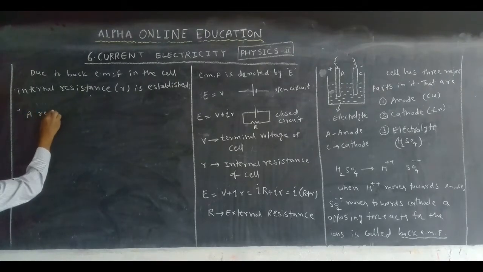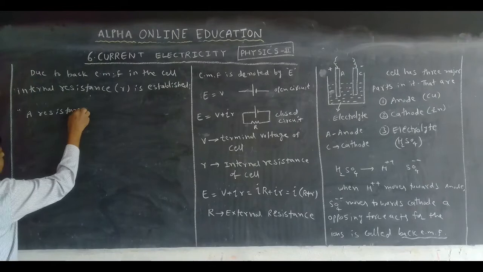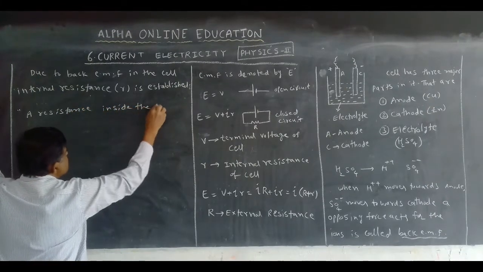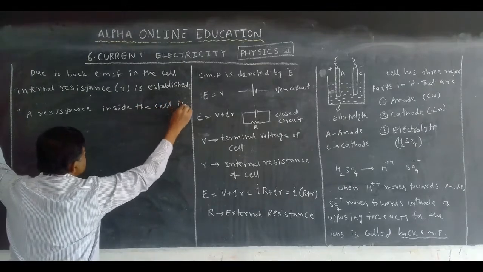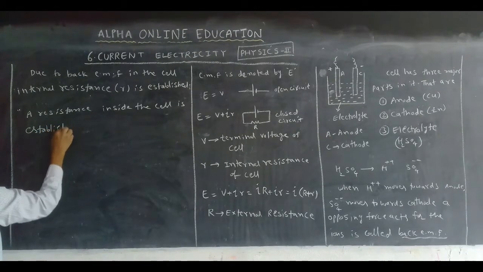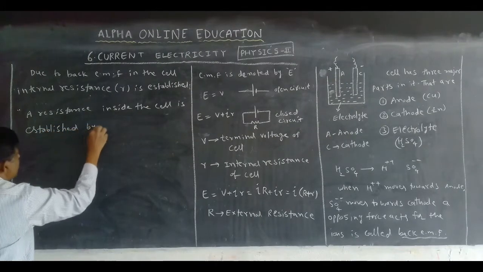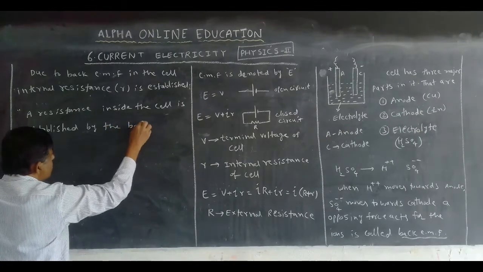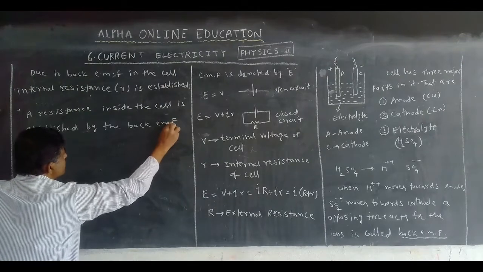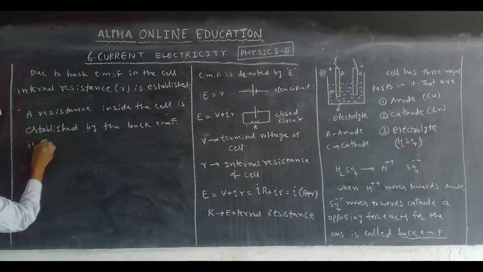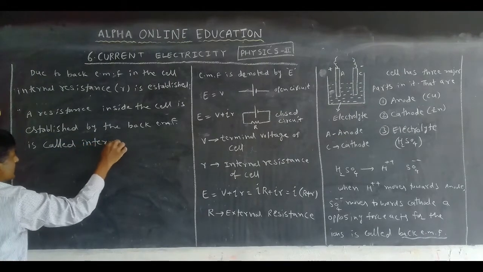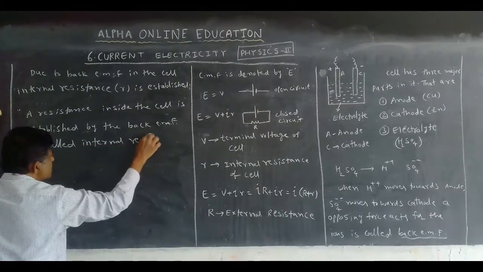A resistance inside the cell established by the back EMF is called internal resistance.